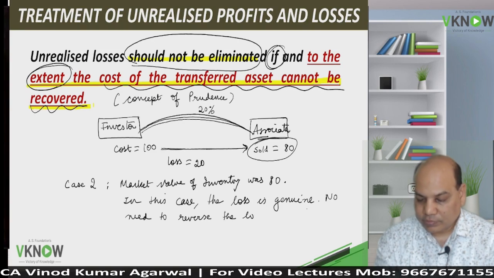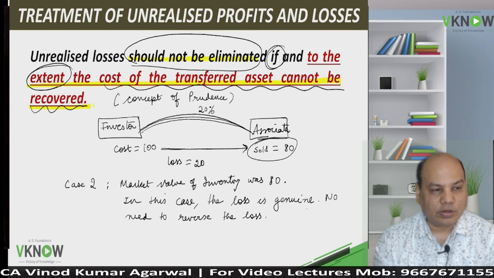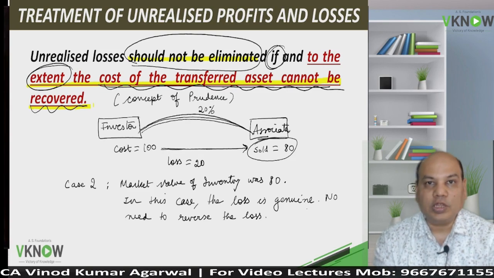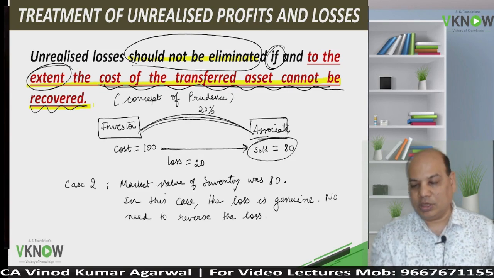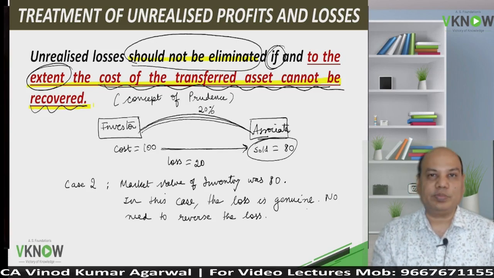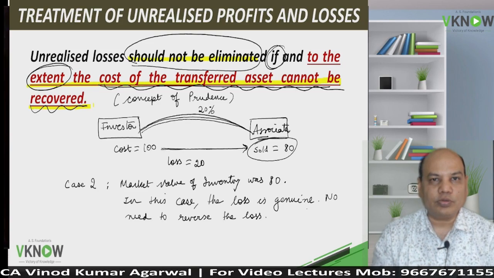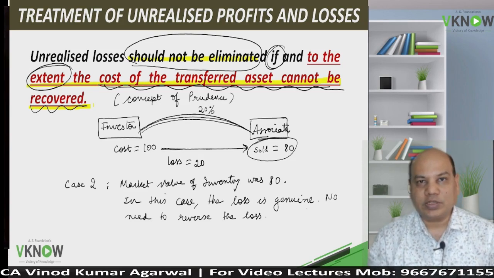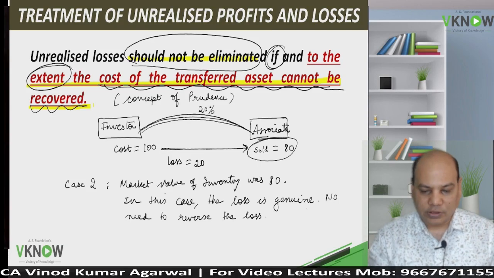No need to reverse the loss because the loss is genuine, because the cost of transferred asset cannot be recovered. There is a genuine fall in the market value. Even if you would have sold in the market, you would have sold it for 80 rupees. So you have sold it to the associate for 80. No need to reverse the unrealized loss if the loss is genuine.